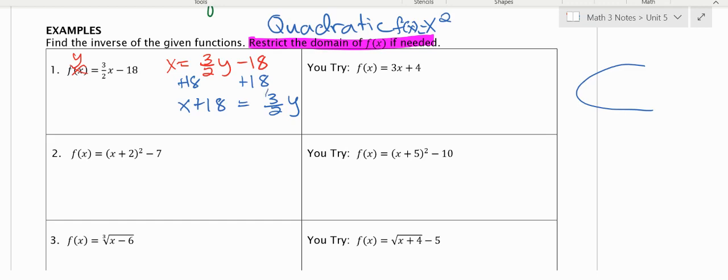And then I'm going to multiply both sides by the reciprocal. And then distribute to simplify. So we get 2/3 x plus 12 equals y. So really what we just found was the inverse.